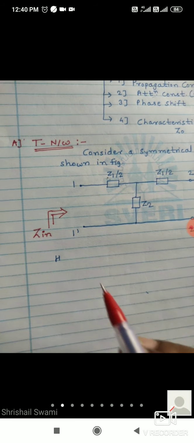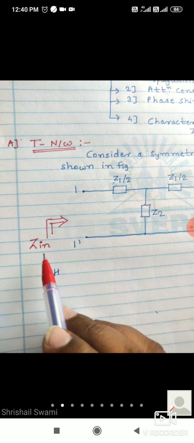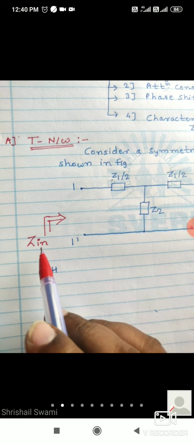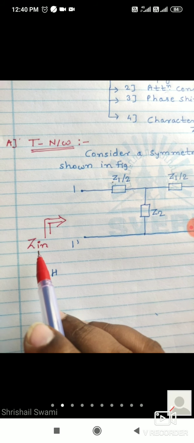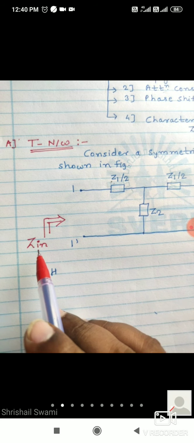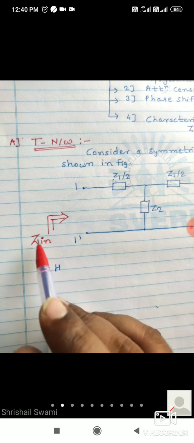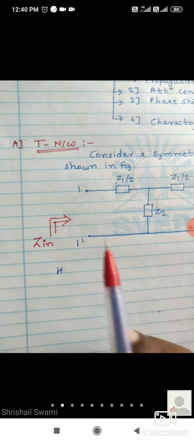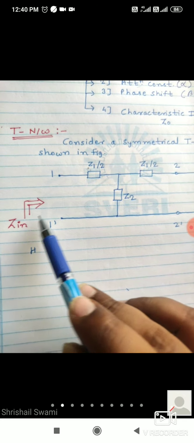We are going to calculate what should be the driving point impedance, or input impedance, at port 1 1 dash. That input impedance we can write as Zin. So we are going to find Zin, or the equivalent impedance of this total network observed from this side and measured from the opposite side.